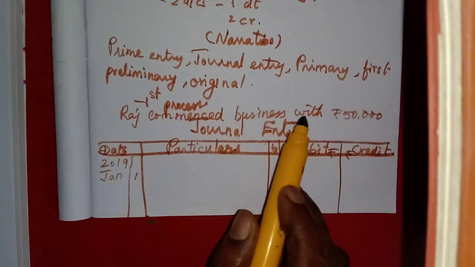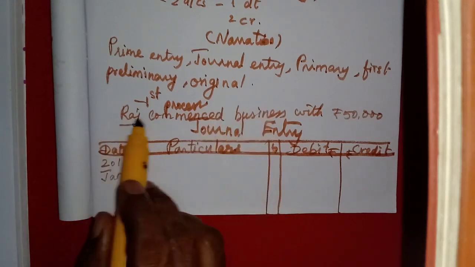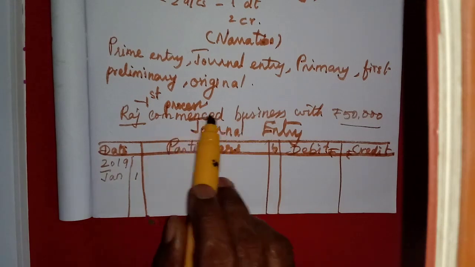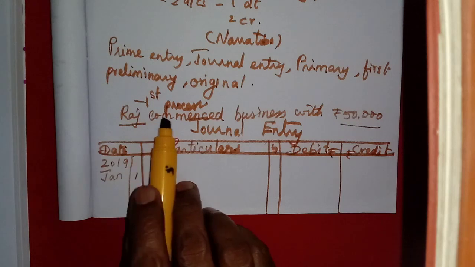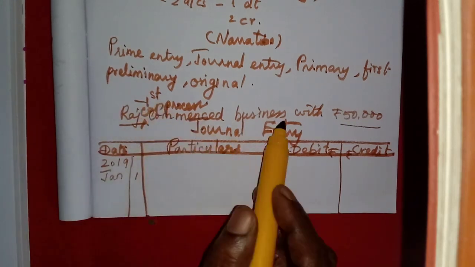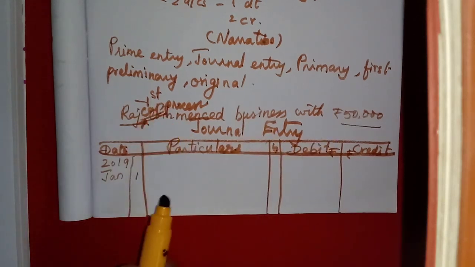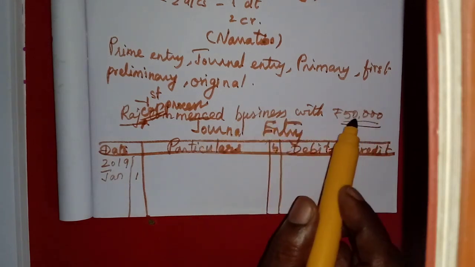Here two accounts are involved, and we should find them out. One is Raj, the other one is cash. We should not write 'commenced business' and all. One account is Raj, that means his capital. Since he commenced business, he is bringing cash inside, so it is called capital.